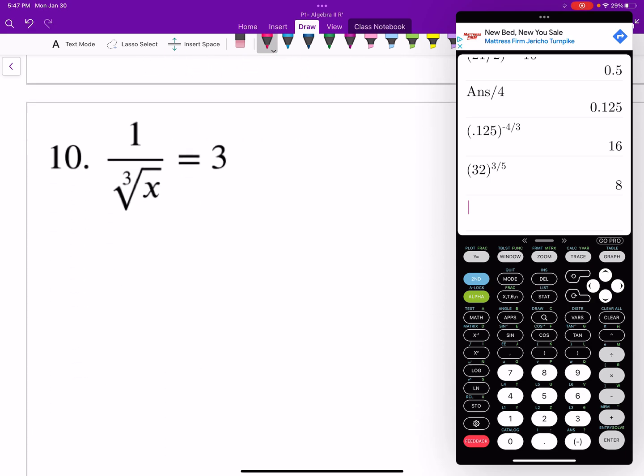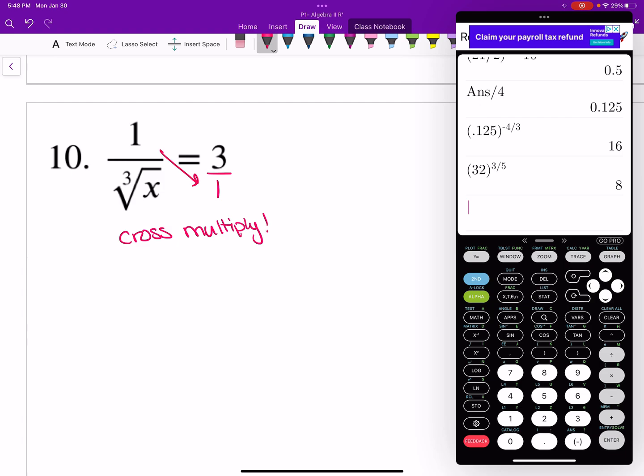So number 10, we will be doing the same thing. We're going to have to get a power over root at some point. So we have 1 over the cubed root of x equals 3. Before I can convert and do any flipping, we do not want to solve with our x in the denominator. So my suggestion is put the 3 over 1 and let's cross multiply.